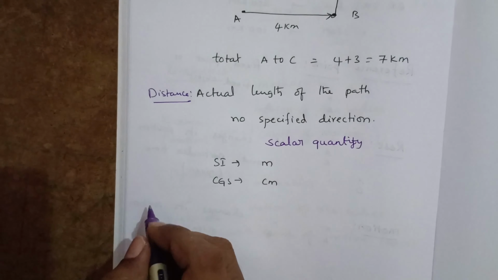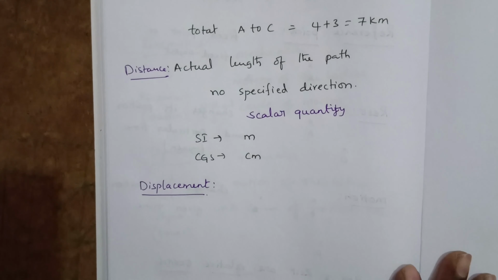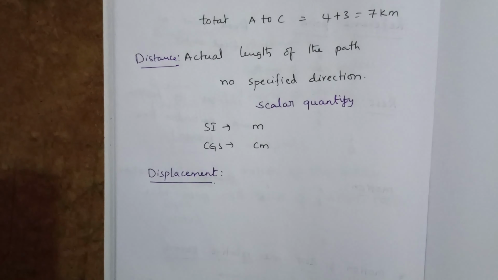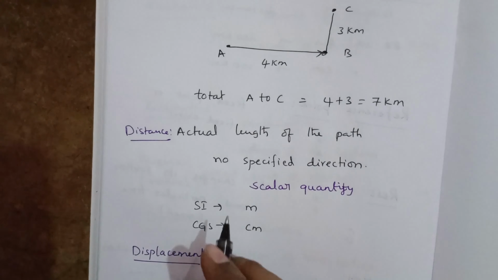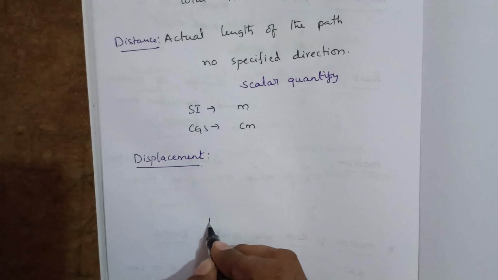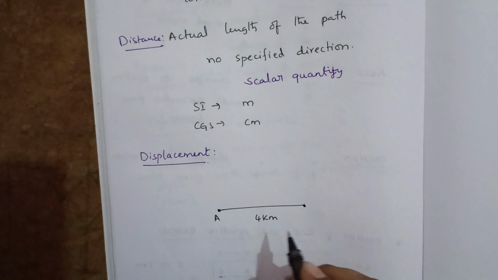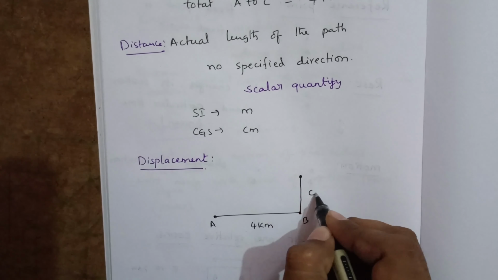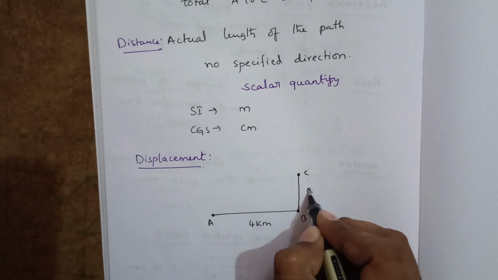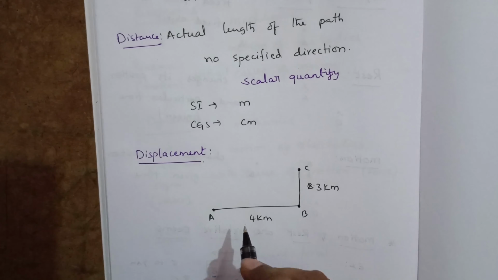Next, displacement. We will consider the same example as before. A person travels from A to B 4 kilometers and B to C 3 kilometers.